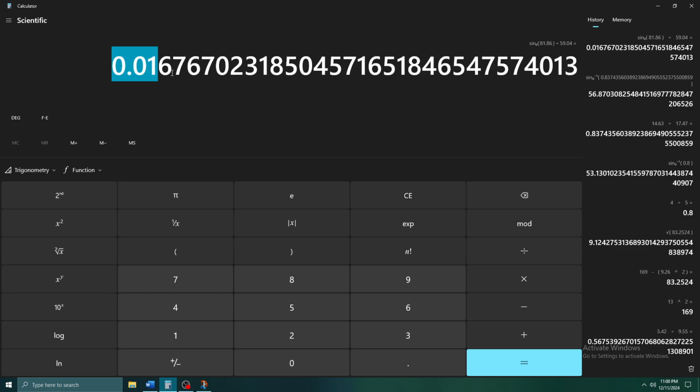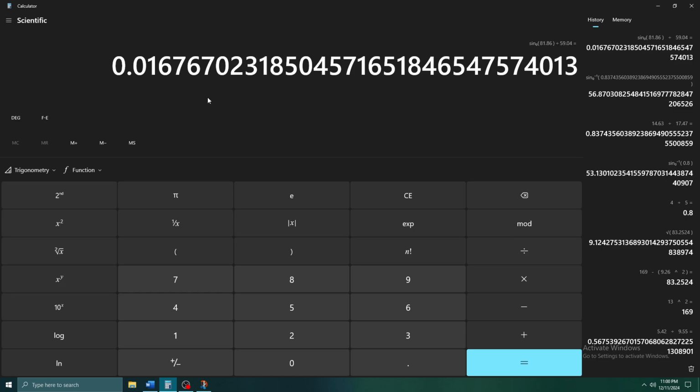And I get this number, very small. Just to keep track of what's going on, I'm going to keep this whole thing in my calculator. But to keep you on top of what we're doing, I'll just write 0.167.